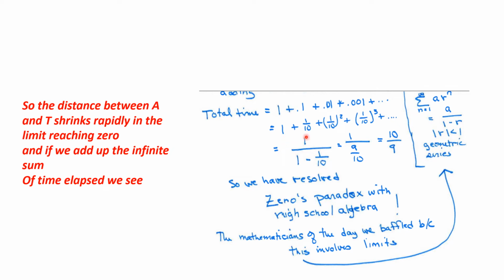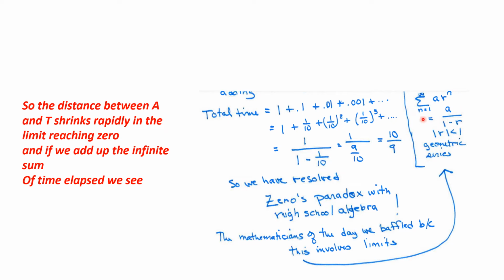So this is 1 plus 1/10 plus (1/10) squared plus (1/10) cubed plus so on and so forth, and it goes off to infinity. Now, you know from your pre-calculus that this is an infinite geometric series. And we know from our pre-calculus that the summation as n goes from 1 to infinity of a times r^n is equal to a, the first term.